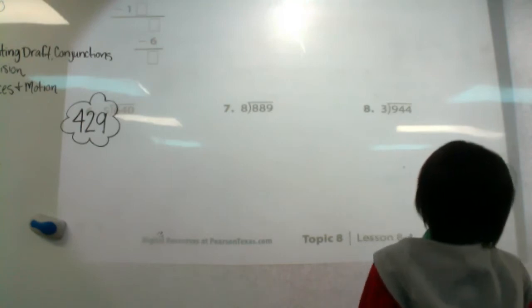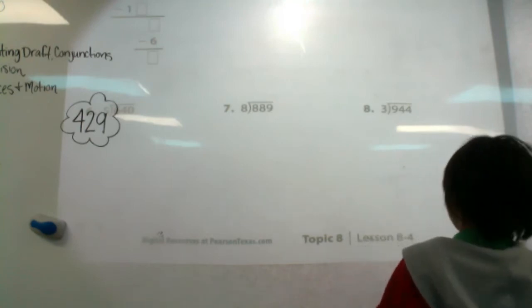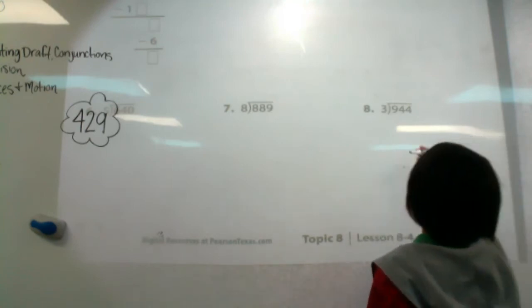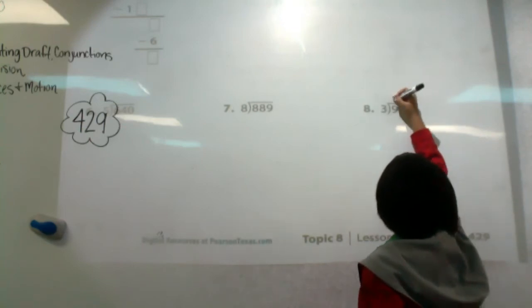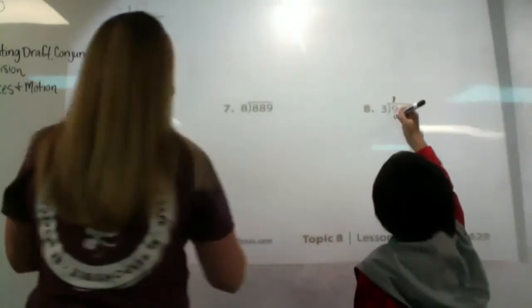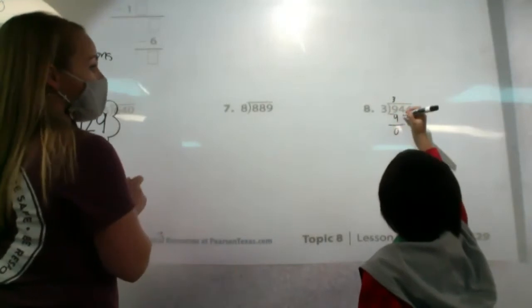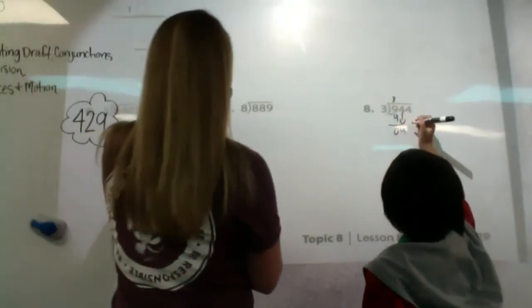So he's got 944 divided by 3. While he works it out, I'm going to draw an area model that'll match it.